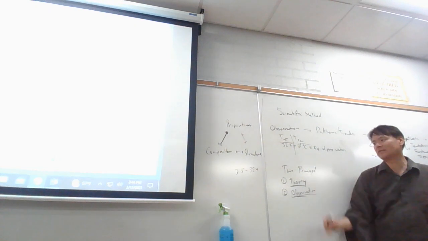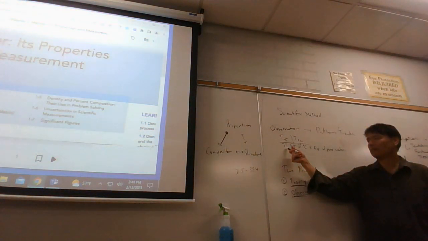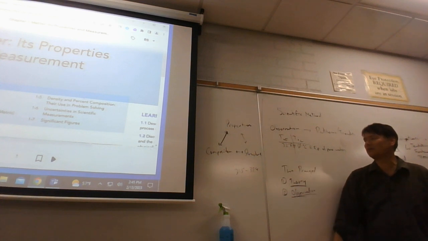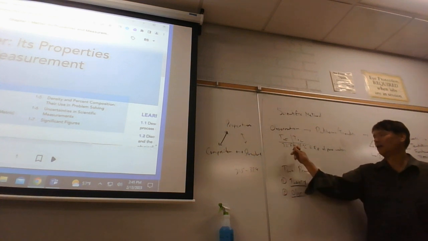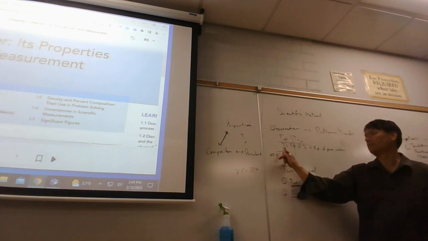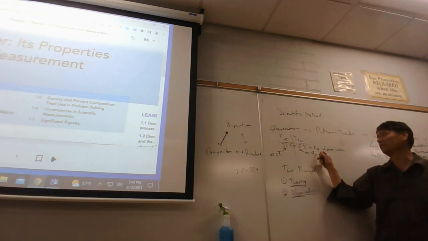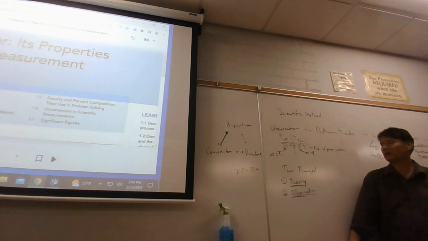No more, no less. This is for pure water under normal conditions. And so that means there's no uncertainty here. This is exactly 32 degrees, which means it has how many sig figs? Infinite sig figs. And this is exactly 0, which means this is infinite sig figs. It's right on 0. And that's by definition.